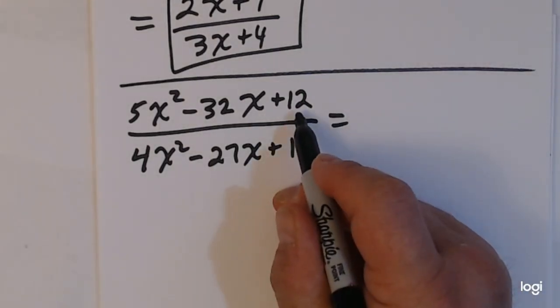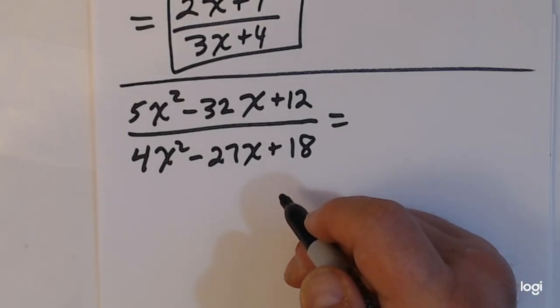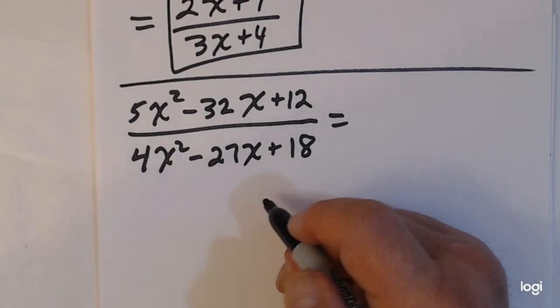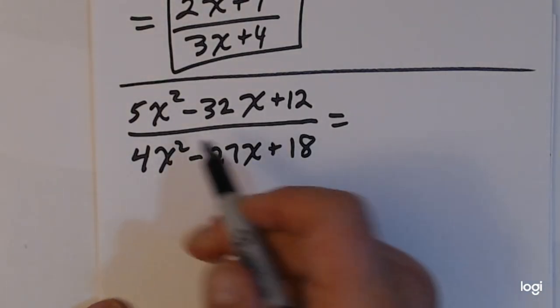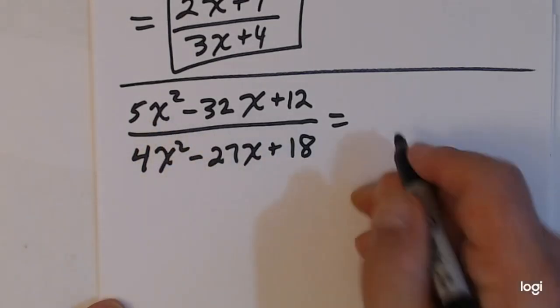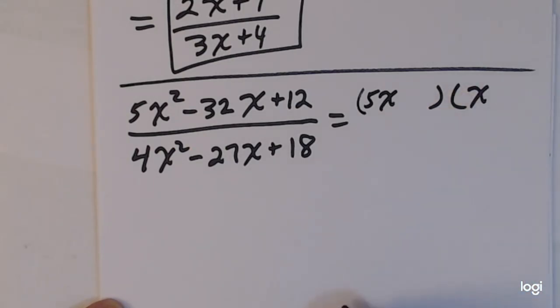For 12, we've got 12 and 1, 6 and 2, 4 and 3. It's usually not the extremes. So I would look for 6 and 2 or 4 times 3 here. We know that 5 has to be 5x and an x for the 5x squared, being that 5 is prime.